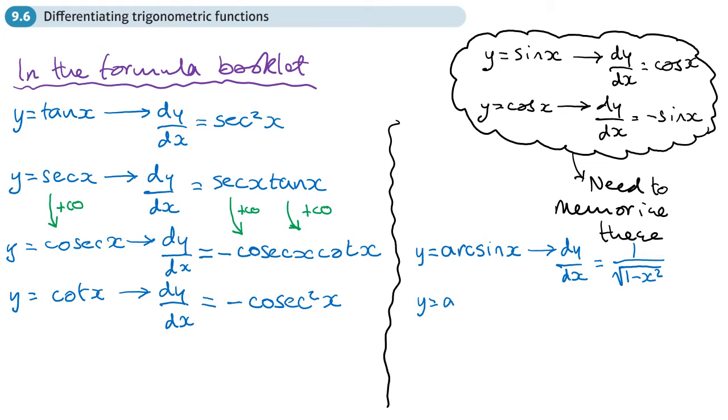Y equals arc cos x, then dy dx, these are all very similar, equals negative 1 over root 1 minus x squared. So similar to the last one, but we have this minus sign.